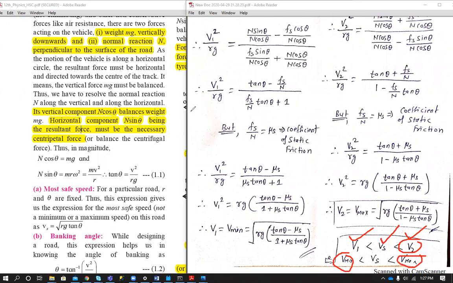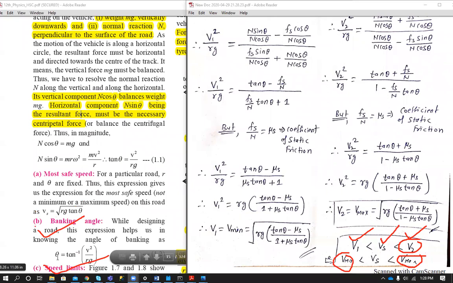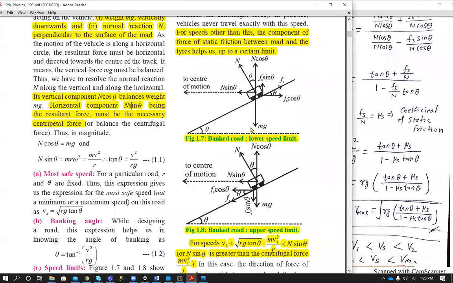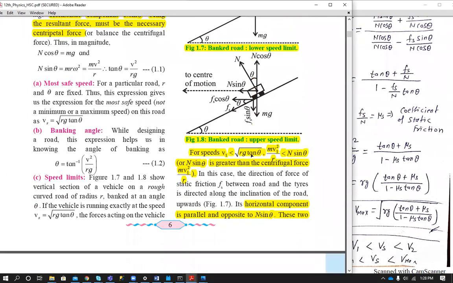We have seen four formulae on this banking of road: maximum safety speed, then angle of banking, that is tan inverse of V square by RG, and then lower speed limit and higher speed limit. Let's see some of the problems on this topic, those are solved in your book.